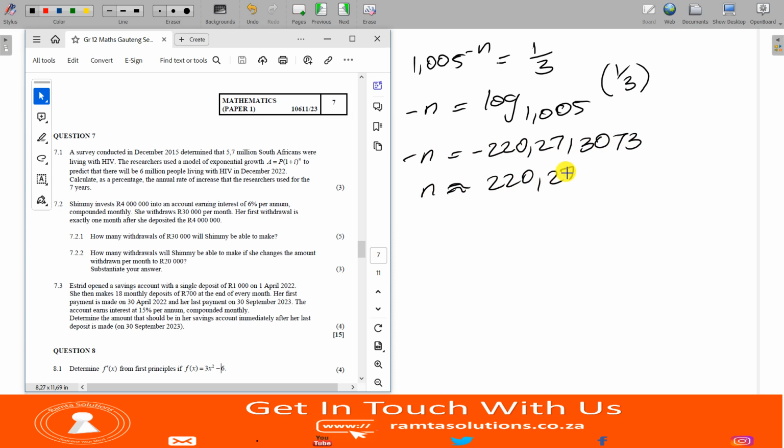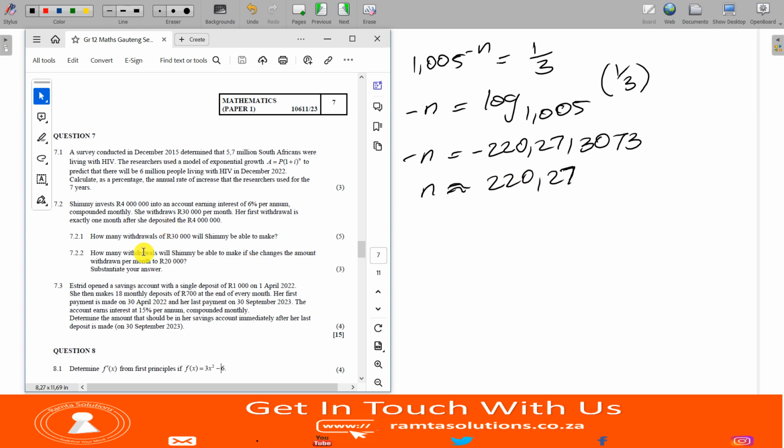So guys, look at this question. This question was saying how many withdrawals of 30,000 will Shimi be able to make? You see, there's a decimal after 220. This means after the 220th withdrawal, the withdrawal that she makes after that will be less than 30,000.